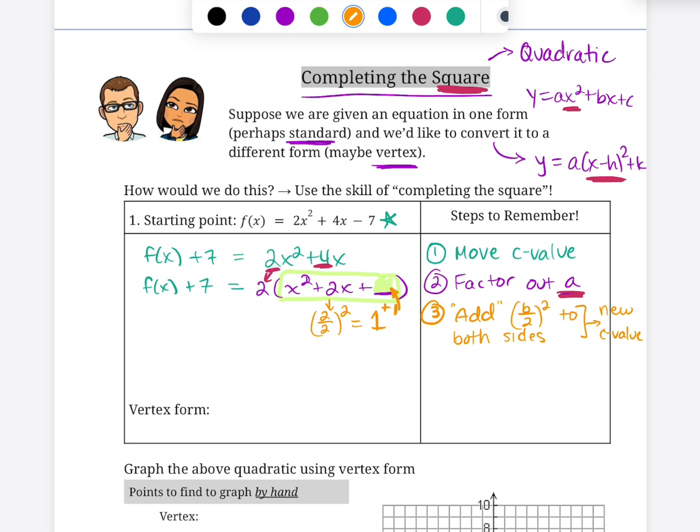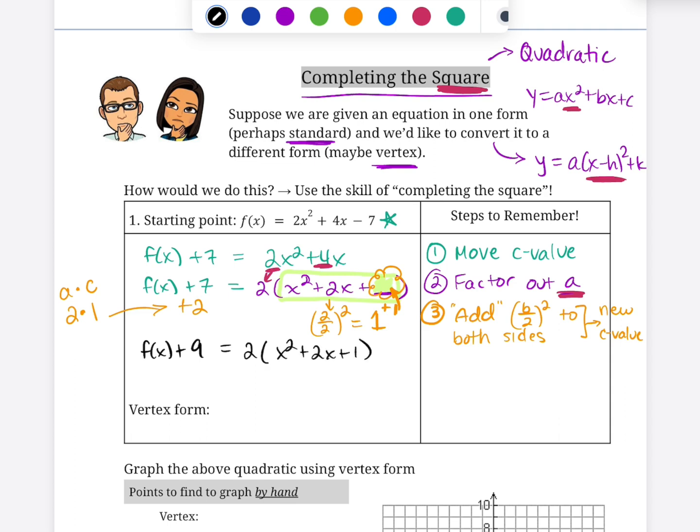Now here's the kicker. Adding 1 inside the parentheses means you're really adding 2 outside them, because it's 2, that's the a value, times the c value that you just picked. So 2 times 1. Here's what we've got: f of x plus 9 equals 2 times (x squared plus 2x plus 1).